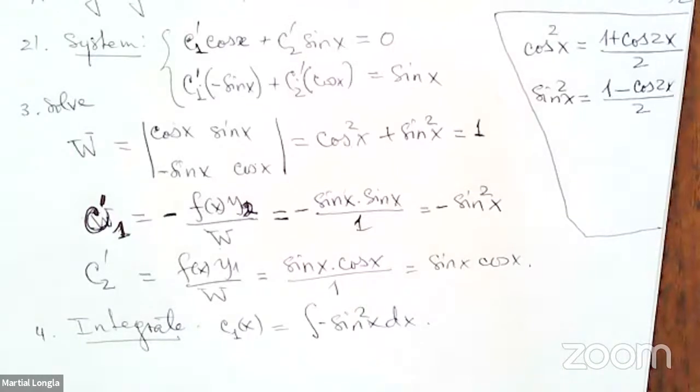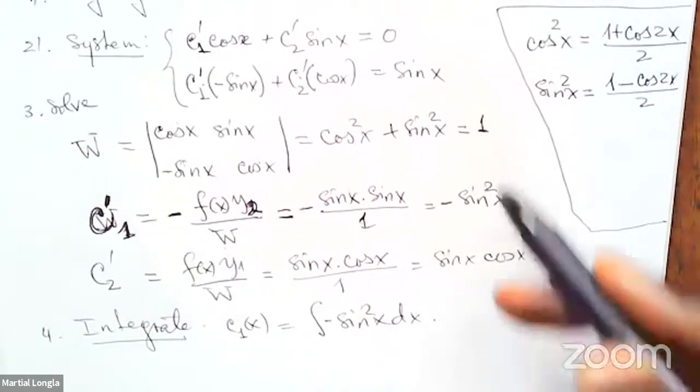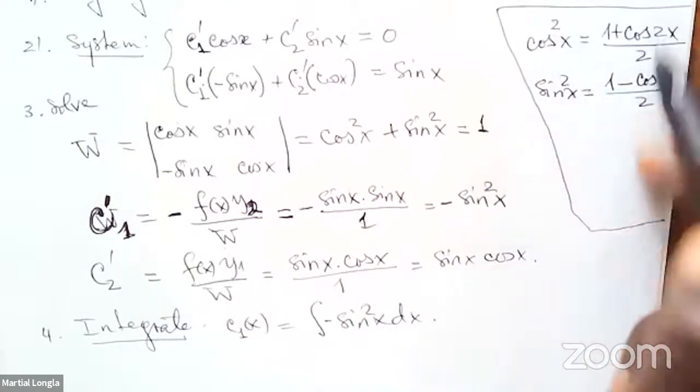These formulas are from trigonometry, and you can check that cosine square plus sine square equals 1.